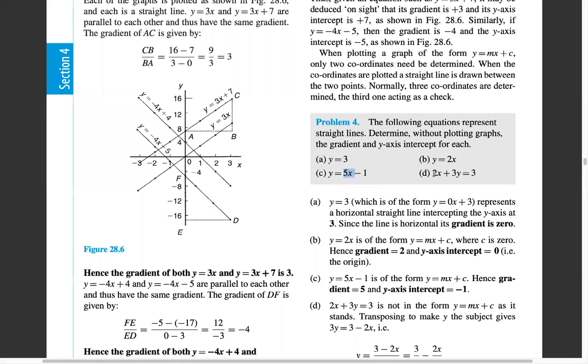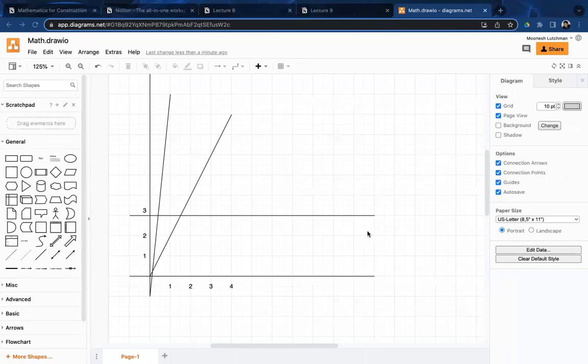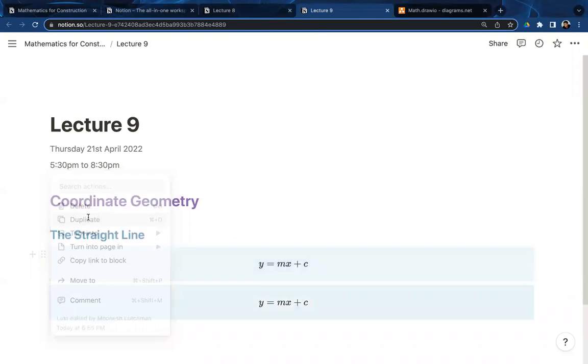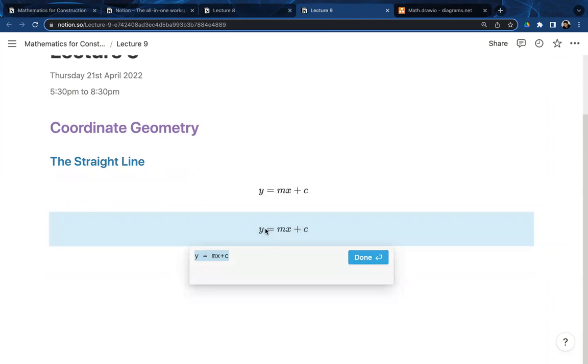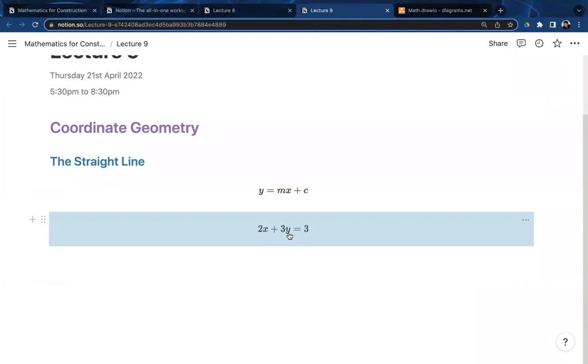And here, you have to change this equation around. This is 2x plus 3y equals 3. So you see that needed some reworking, and this is where transposing and changing the subject of the formula comes in. If I have 2x plus 3y equals 3, I need to change the subject of the formula and write it in the form y equals mx plus c.